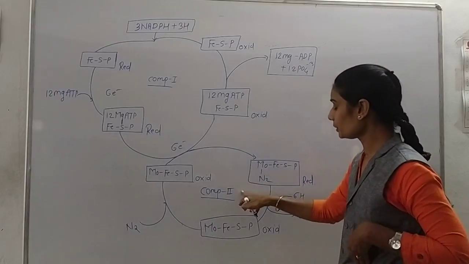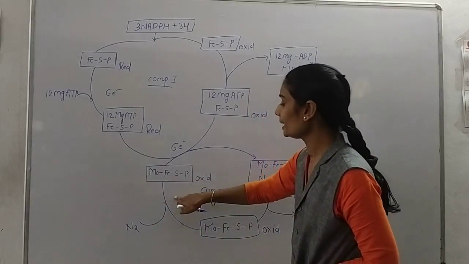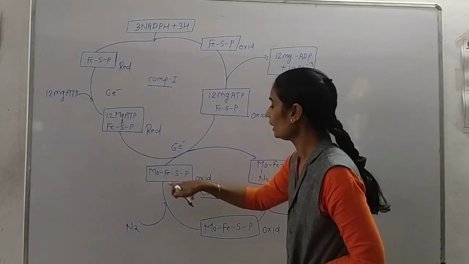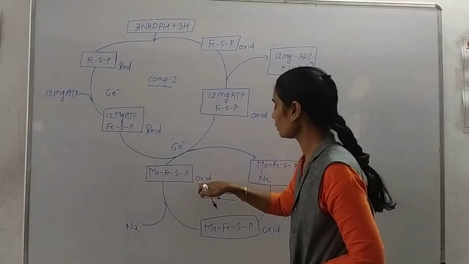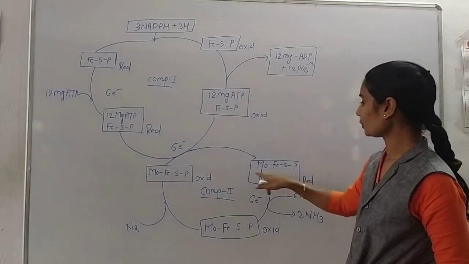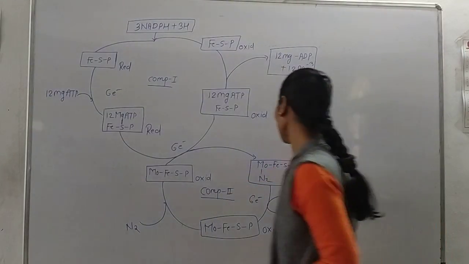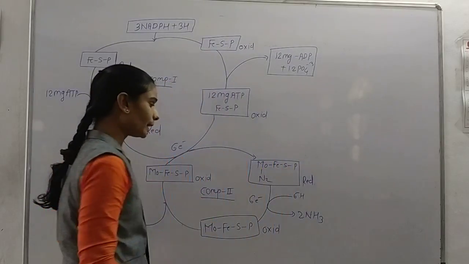In component 2 it is in oxidized form, and when atmospheric nitrogen is added to the second component, that is the molybdenum iron sulfur protein, which is in oxidized form, after accepting atmospheric nitrogen, this nitrogen attached to the molybdenum is converted into the reduced form, and again 6 electrons are released.